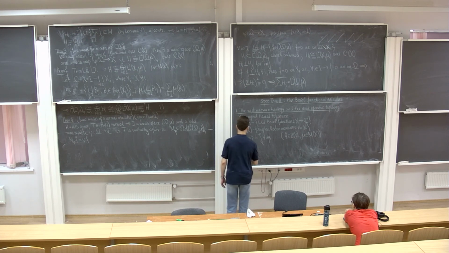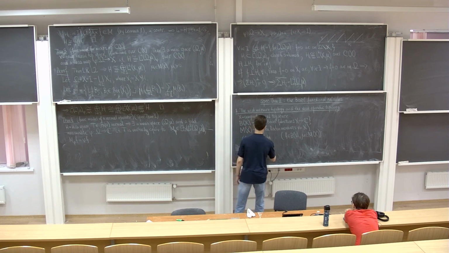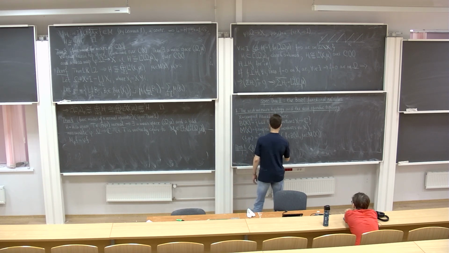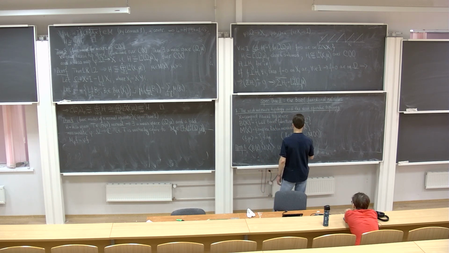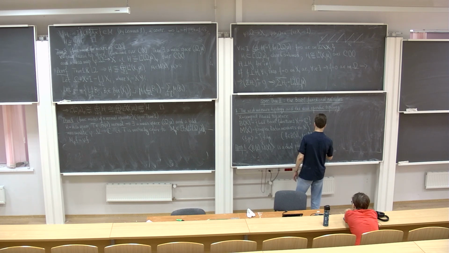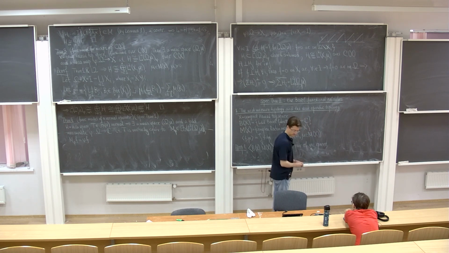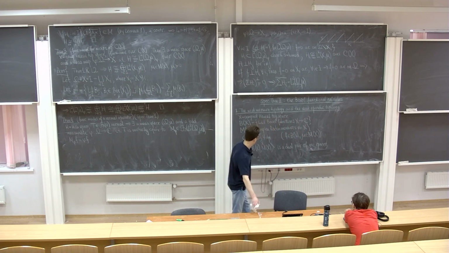Proposition 1: B(X) and M(X) form a dual pair of vector spaces. The proof is a very simple exercise in measure theory. It's almost immediate from the basic properties of the integral.